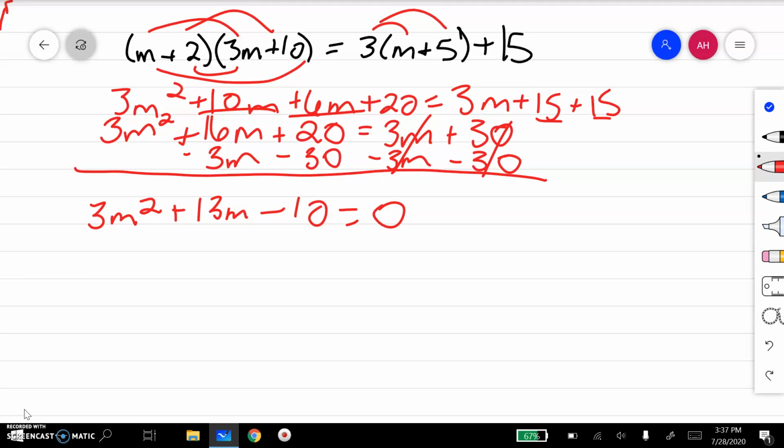Okay. Now we're ready to solve this, and what we're going to do is use the quadratic formula. So we know that a is 3, b is 13, c is negative 10.